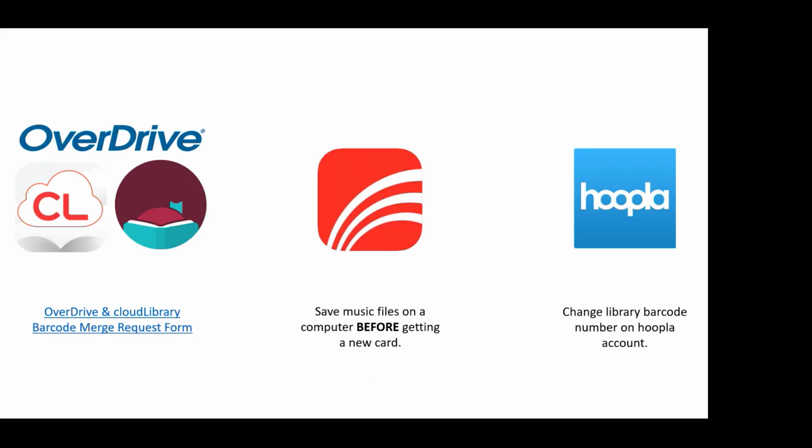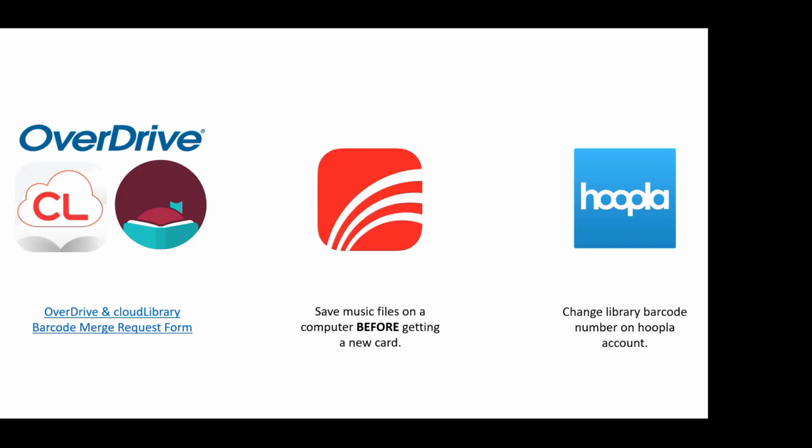So just remember that if your patron is a Freegal Music user, they will need to make these changes before they get their new library card. So these are the main e-resources you need to be aware of for making changes when a patron gets a new library card.